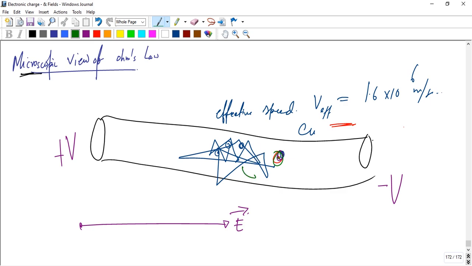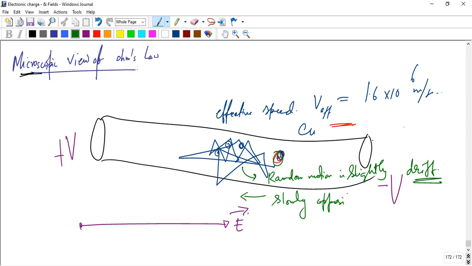This random motion slightly drifts, slowly opposite to the side of E. And you see that the drift speed in copper is 5 into 10 to the power minus 7 meter per second.